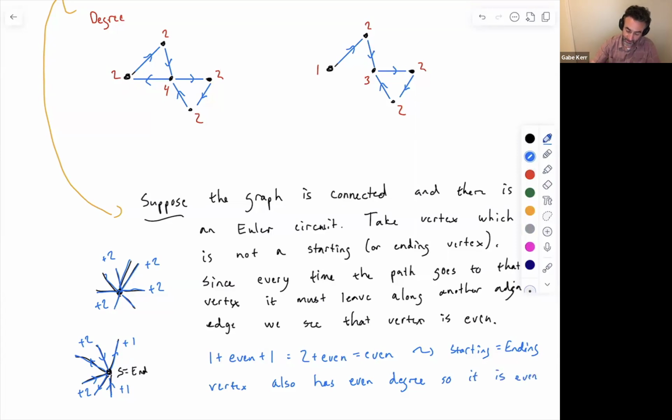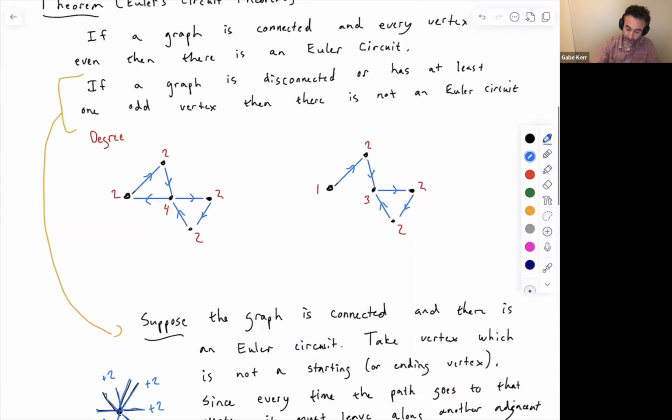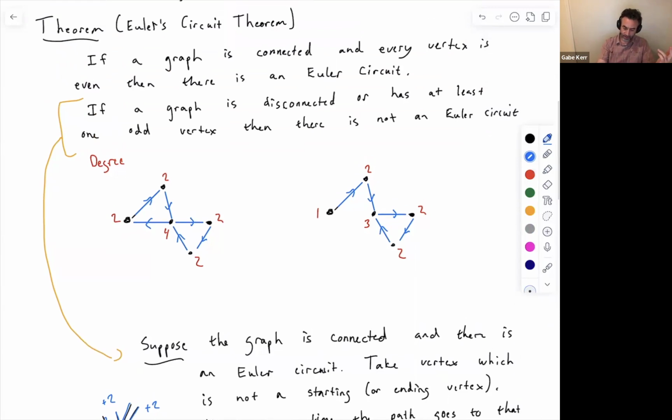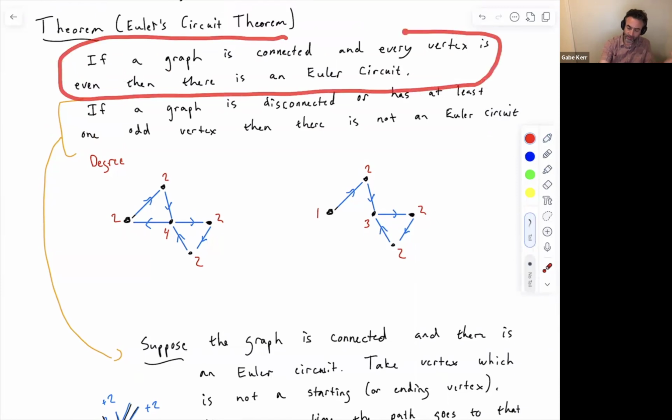And so what does that tell us? That tells us that if it had one odd vertex, then it could not have had an Euler circuit. What it doesn't tell us is this first claim. So this first claim is saying something a little different. It's saying if all of the vertices are even and it's connected, then you can find an Euler circuit.